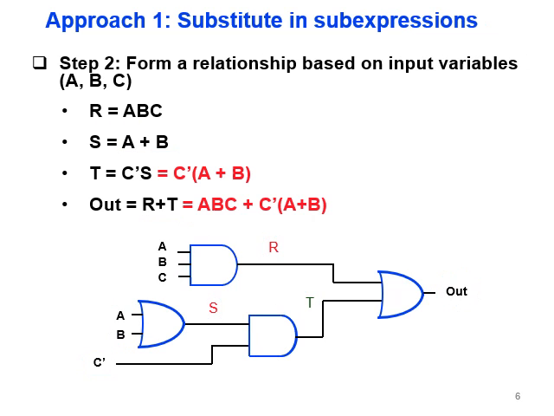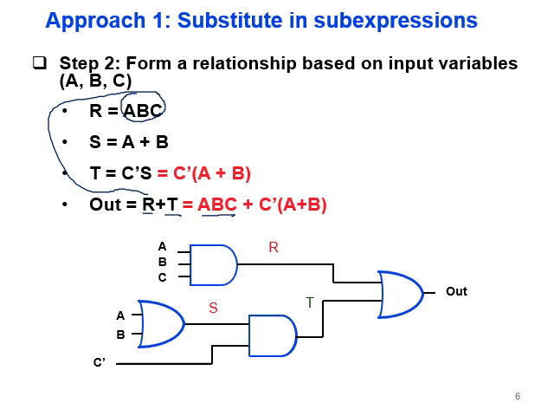Third and last step is to substitute, to make the relationship for the output in terms of all the inputs. How? Have a look here. We say it is R plus T, which is the output. But just a minute. R is this part. You see? I substituted.